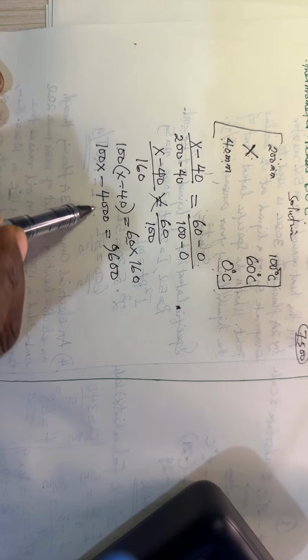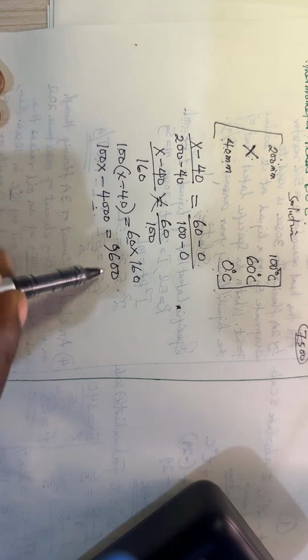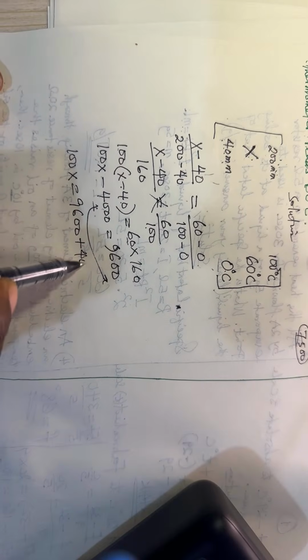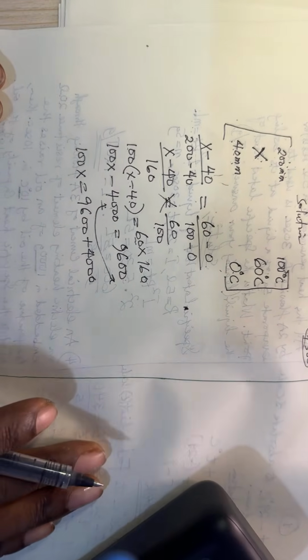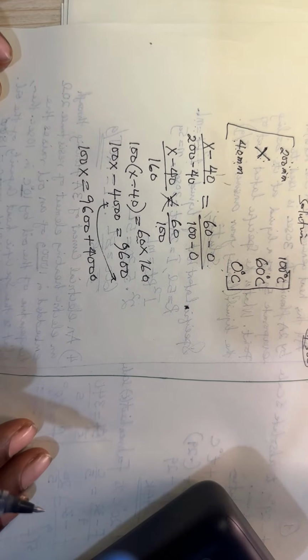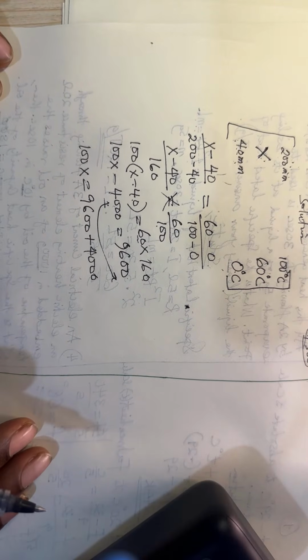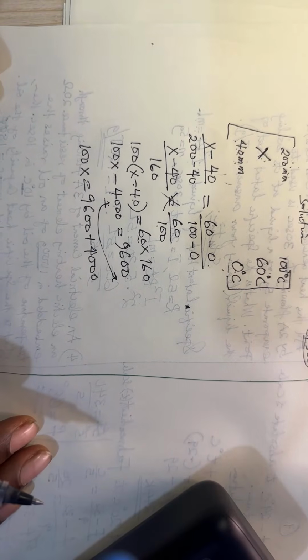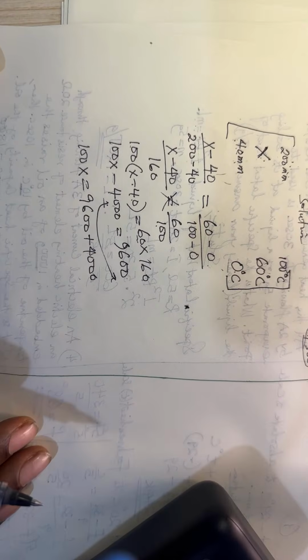So now if you move this guy, you can either add 4,000 to both sides, or you can just move it. So this becomes 100X equal to 9,600 plus 4,000. What is 9,600 plus 4,000?